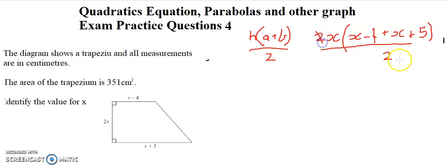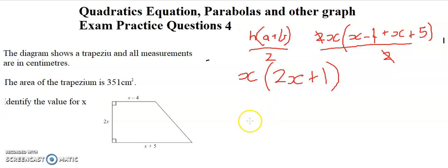Times-ing and dividing by 2 cancels out. So I'm left with x, and then I've got x plus x is 2x, and negative 4 plus 5 equals plus 1. So 2x times x is 2x squared. x times 1 is just x, and we know it is equal to 351.